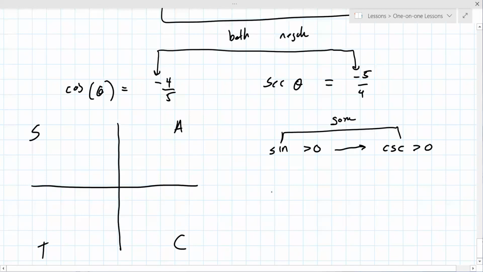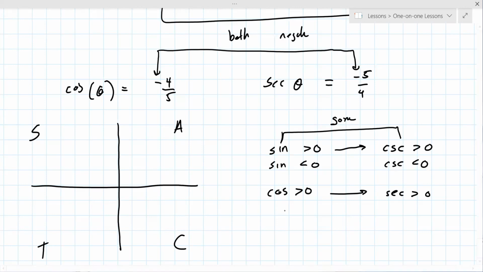And if I tell you that cosine is greater than 0, that means secant is greater than 0. Similarly, if I tell you sine is less than 0, then cosecant is also less than 0. What I'm trying to get you to see is that there are really only two trigonometric functions, sine and cosine. These other ones are variations on them.